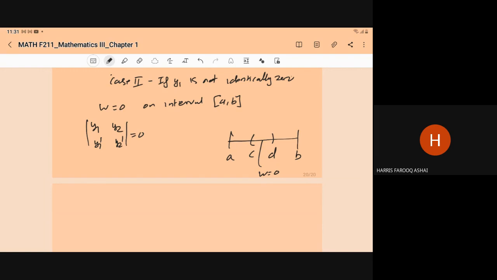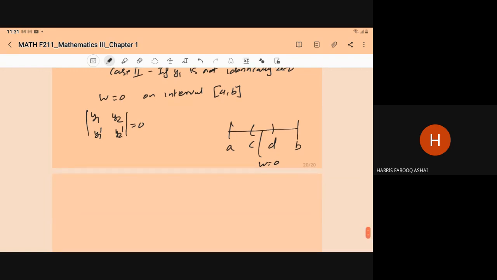So W is equal to 0 in the interval c comma d, and this can be written as y1 y2 dash minus y2 y1 dash is equal to 0.